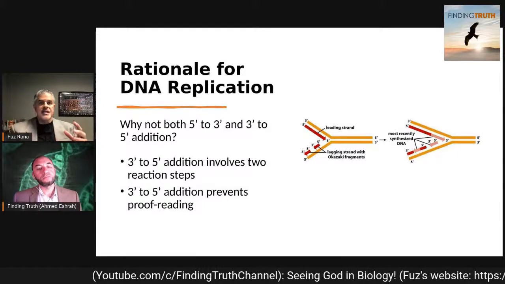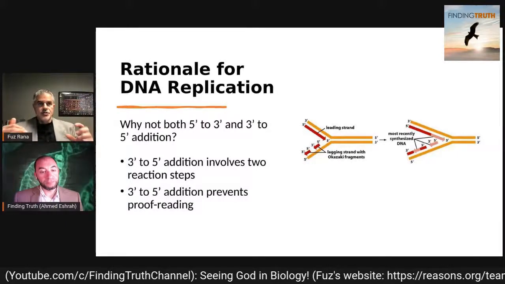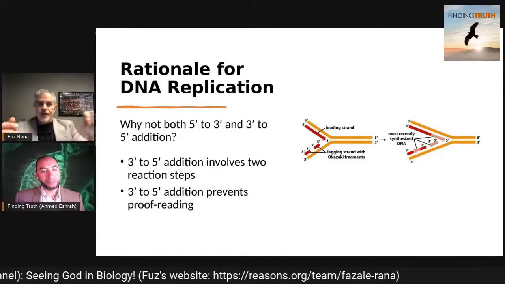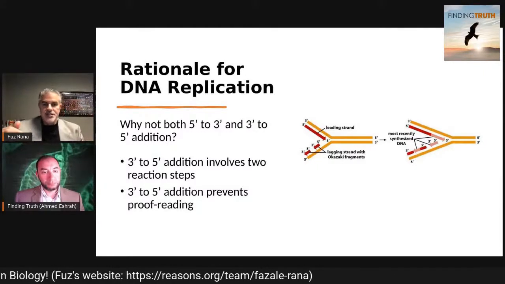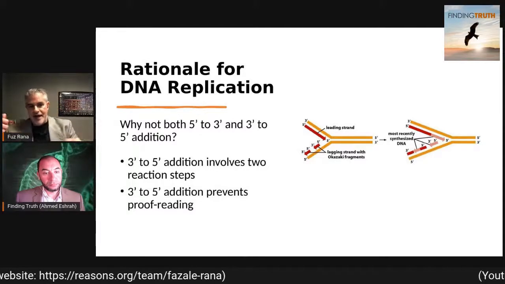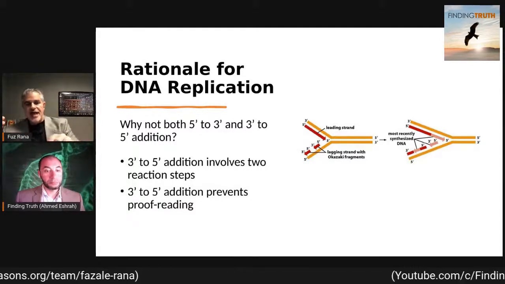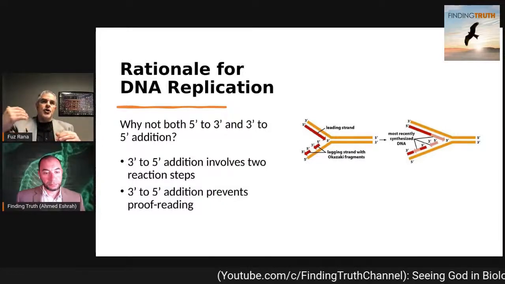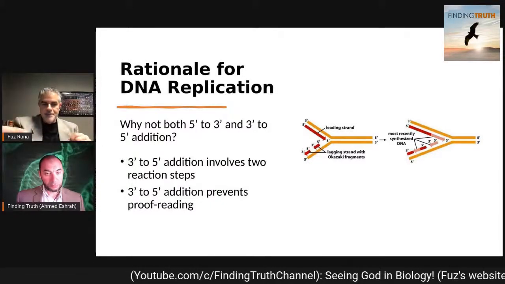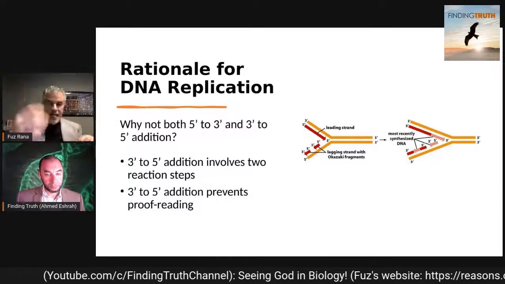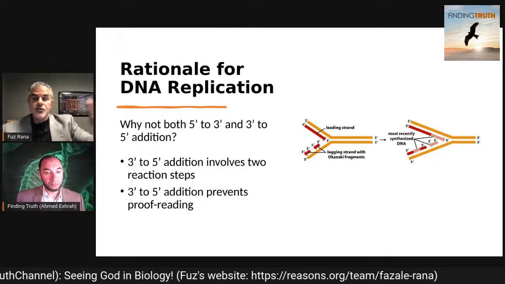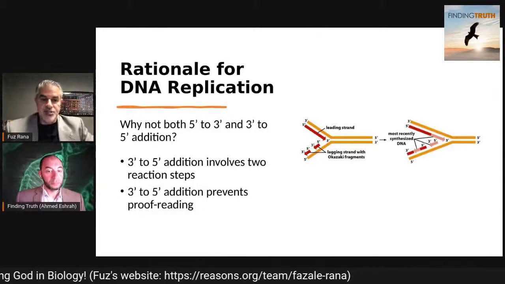Because, in other words, the chemistry is that the polymerase is laying down 5' to 3', and then the exonuclease is going 3' to 5' to cut out what you've laid down. Going 5' to 3' when synthesizing DNA is simpler than going 3' to 5'.